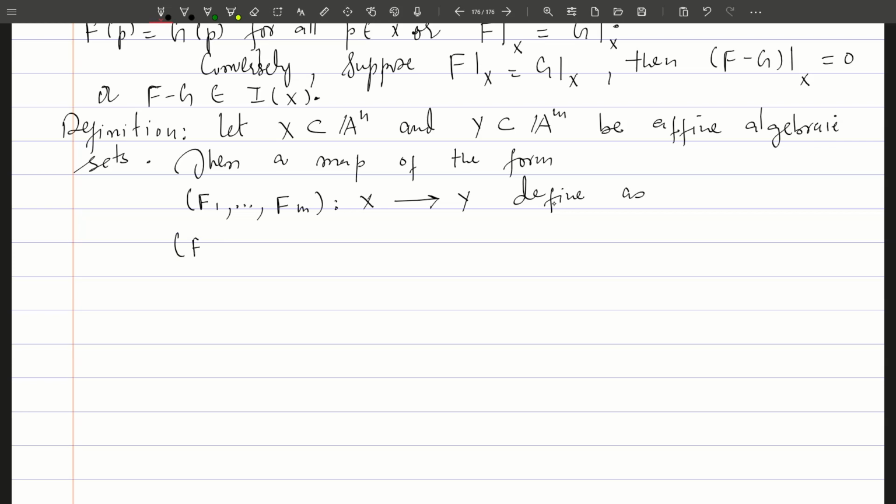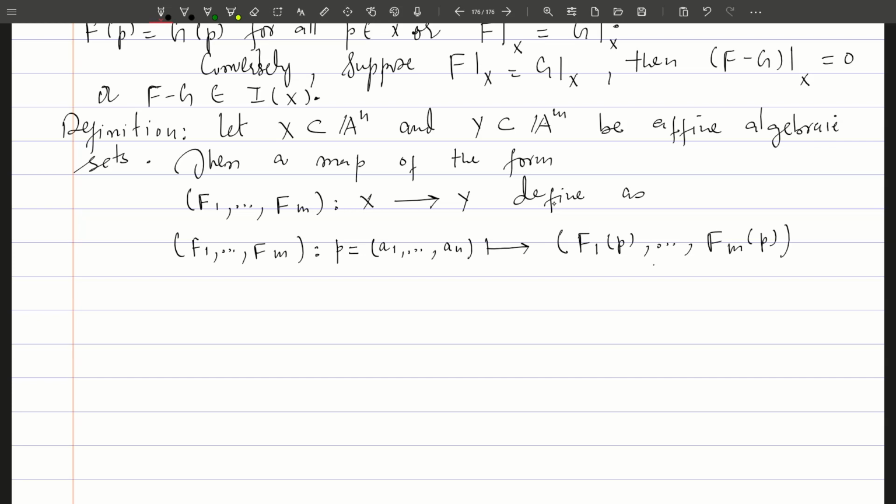This map takes a point P in X, say P equals (a1 through an), to the point (f1 of P up to fm of P), which lies in A^m.